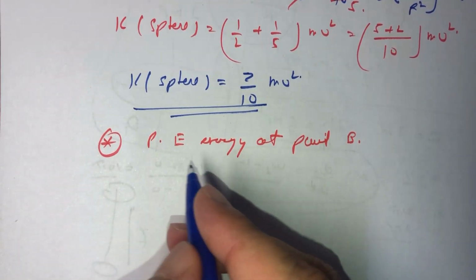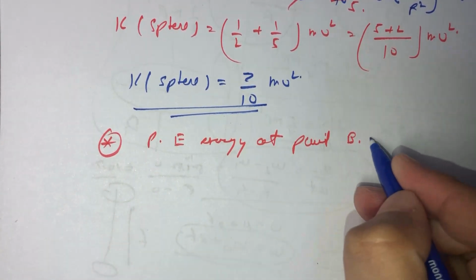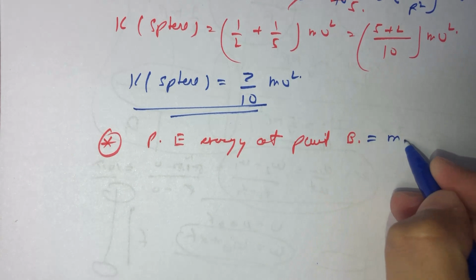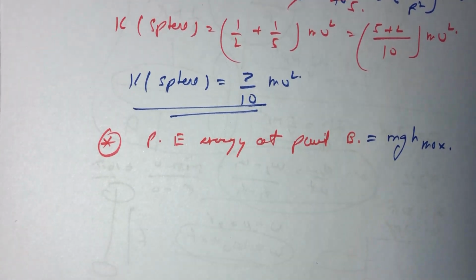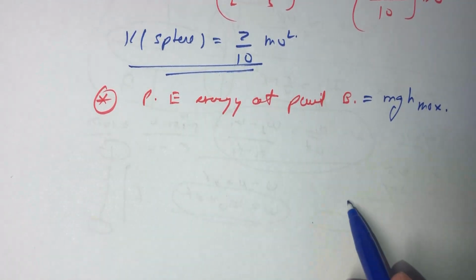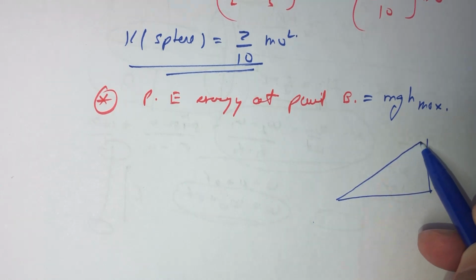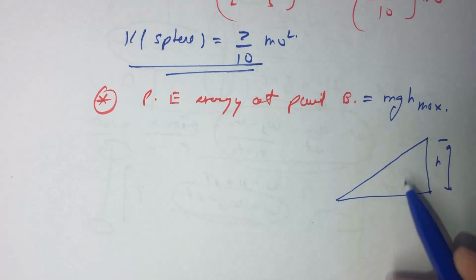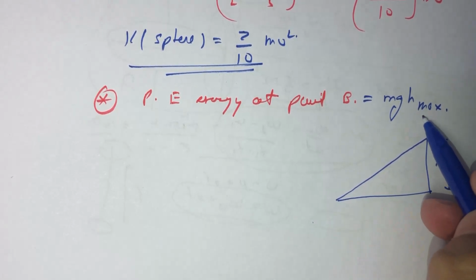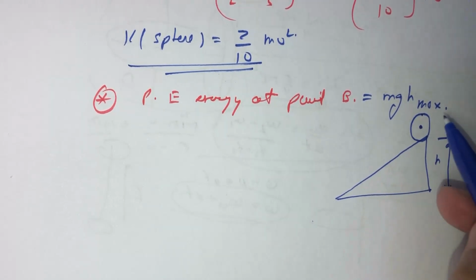So we get this as mg h max. In this case, this is our height h. But we are finding the moment of inertia with respect to the center of the objects.